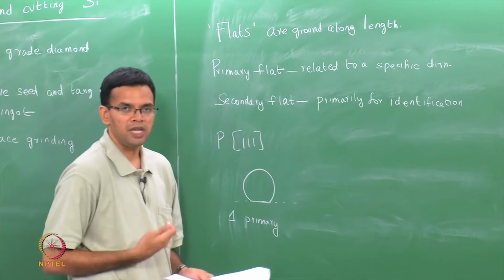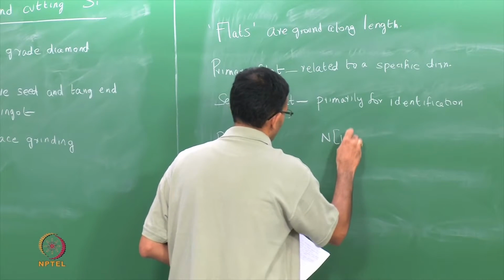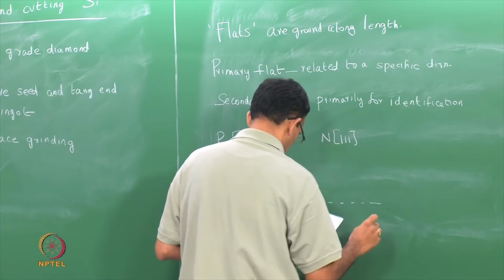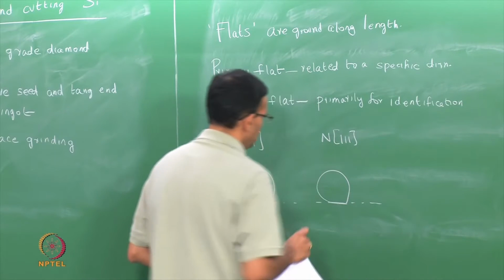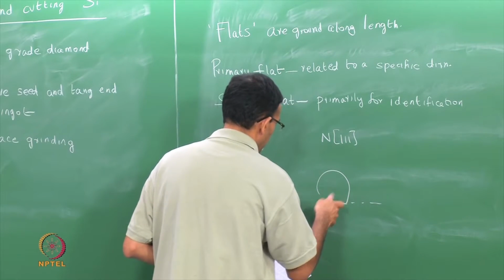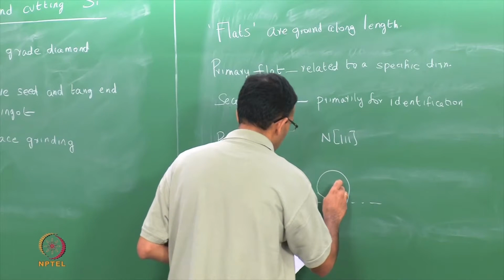If instead of p type you have n type 111, there is one primary flat, but then there is also a secondary flat that is ground at 45 degrees.